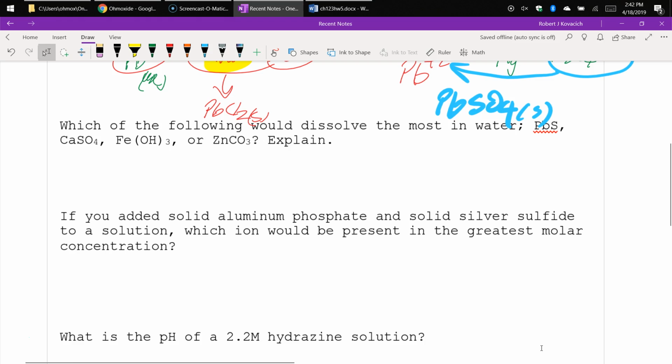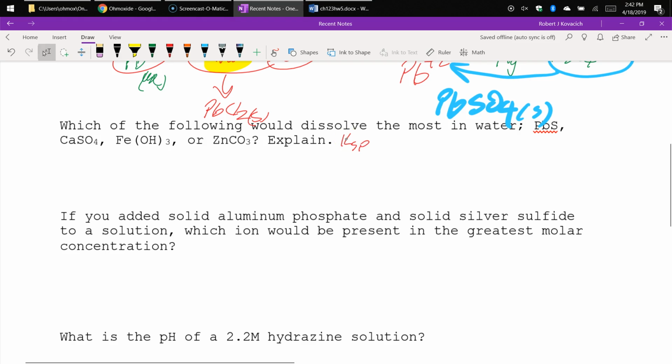Okay, which of the following would dissolve in water? We could probably use that thing that Alexi put up, but do we have this one? You guys know what this one is? How do we figure this out? What are we looking at to make the determination for most soluble in water? Okay, well, no, the solubility rules are only minorly helpful.